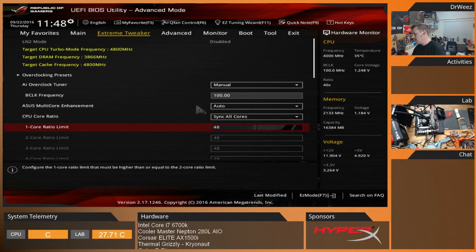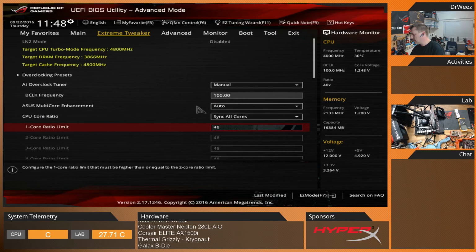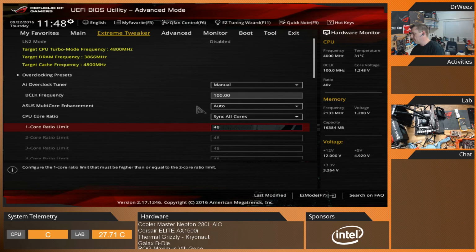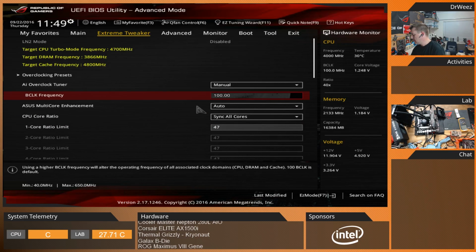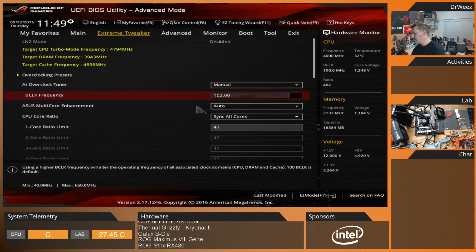let's go and have a look here. So for instance, if you were to now hit 47, you'd need to then increase your base clock up until 102, which would then give you 48. If you increase that until you get to 4.8, you'll notice that your memory is now much higher, but your frequency is still the same.